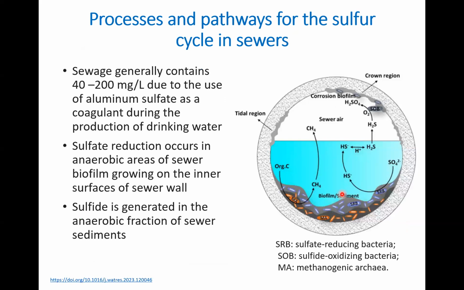So if you look at this schematic here, what are the pathways for hydrogen sulfide? How is sulfate present? So basically, if you have some sulfate here in the wastewater, it can undergo the action of sulfate-reducing bacteria and produce sulfide.